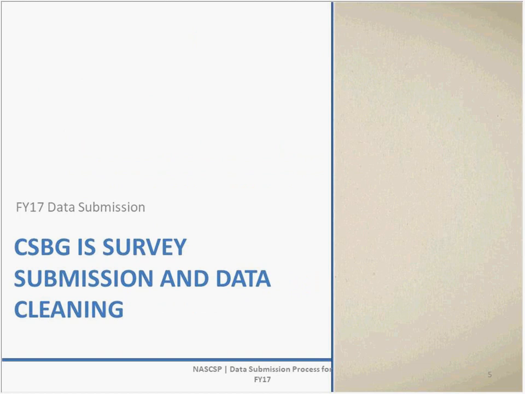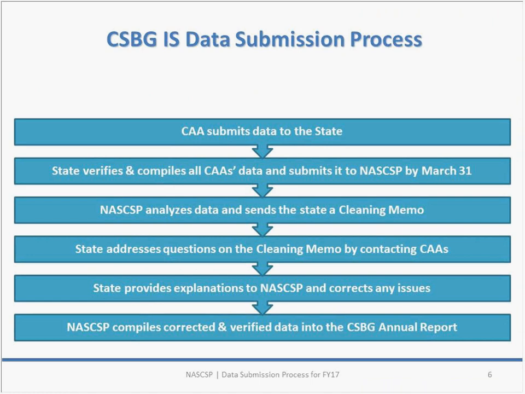Let's begin with the CSBG IS survey submission and data cleaning process. A general overview of the IS submission process: the Community Action Agency submits data to the state office. The state verifies and compiles all the Community Action Agencies' data and submits it to NASCAS by March 31st.